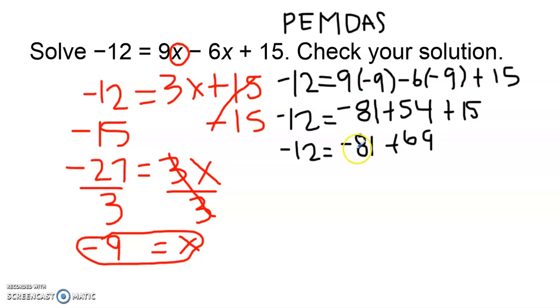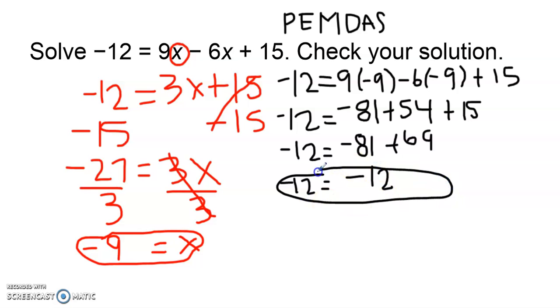So now we've got negative 81 plus 69, and that will give us a negative 12 equals negative 12, which is true. So we know that x equals negative 9 is a solution.